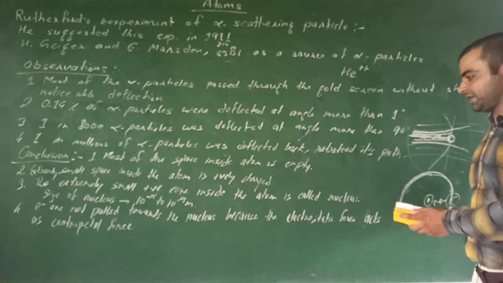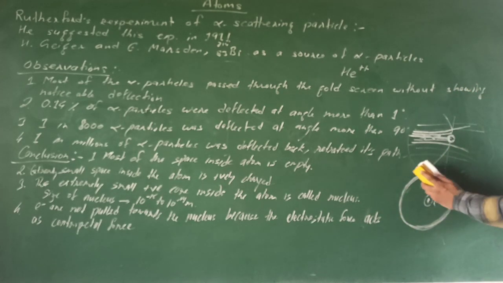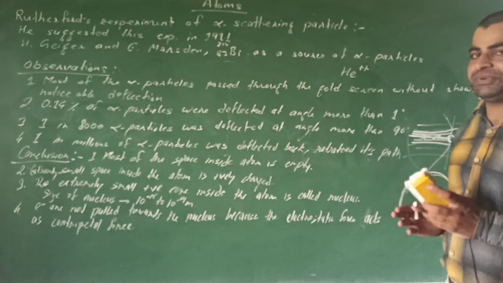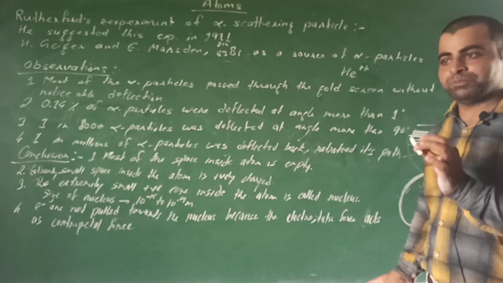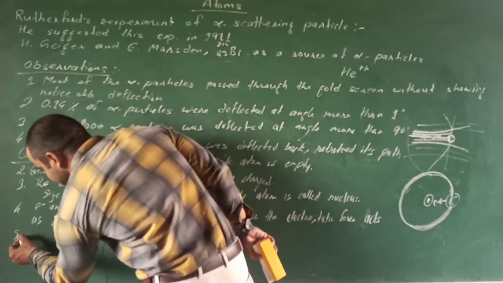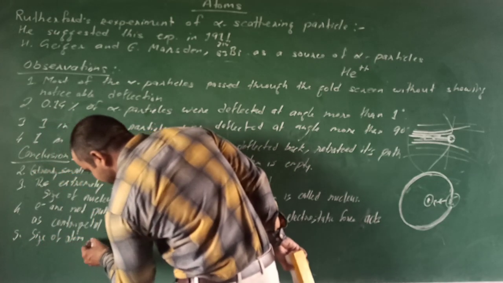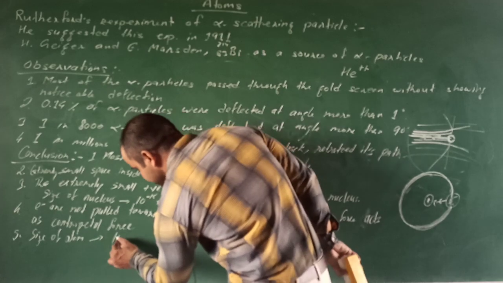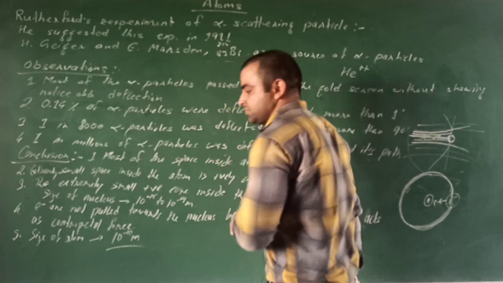Electrons are not pulled towards the nucleus because the electrostatic force acts as centripetal force, and the size of the atom was found to be 10 raised to power minus 10 meters.